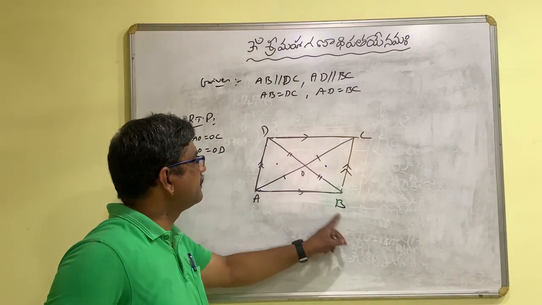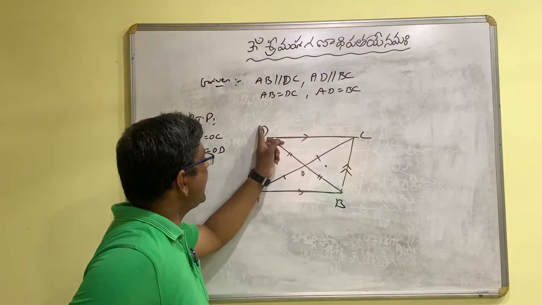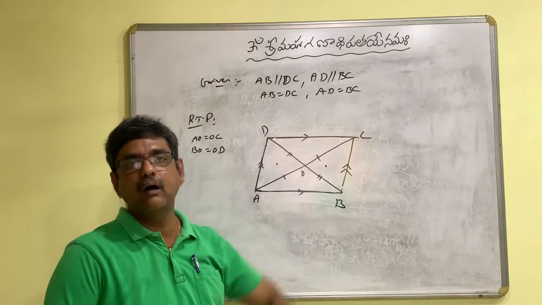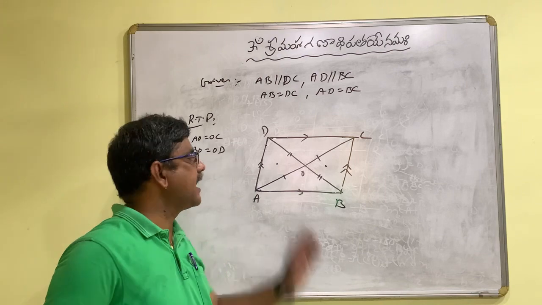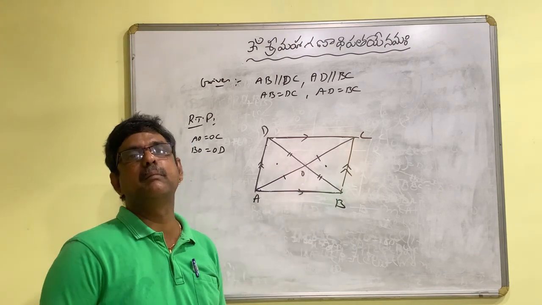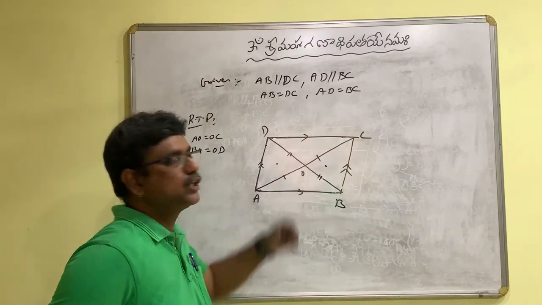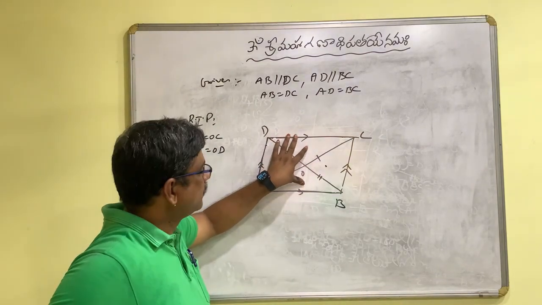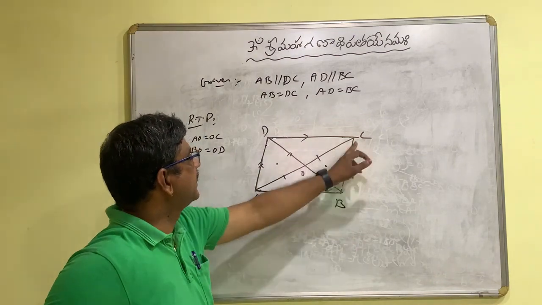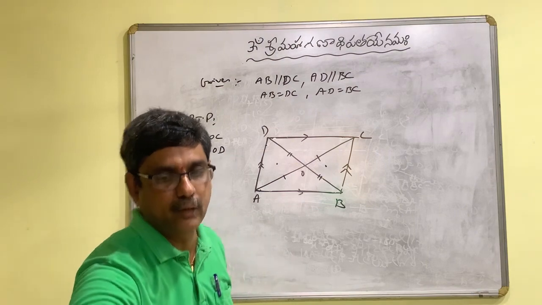Not only AOB and COD, if you consider triangle AOD and BOC also, and you prove they are congruent, the problem is done. Either this pair or this pair, your wish. I am considering this pair, triangle AOB and triangle COD.